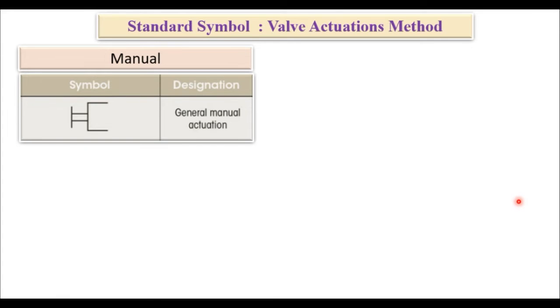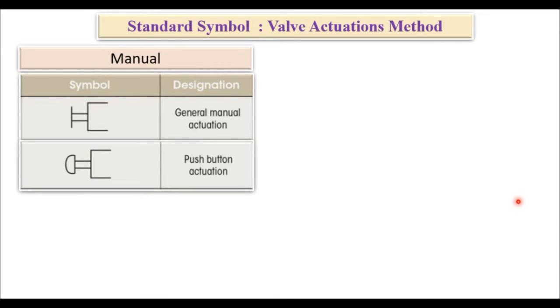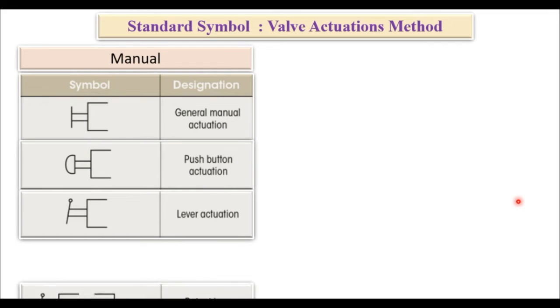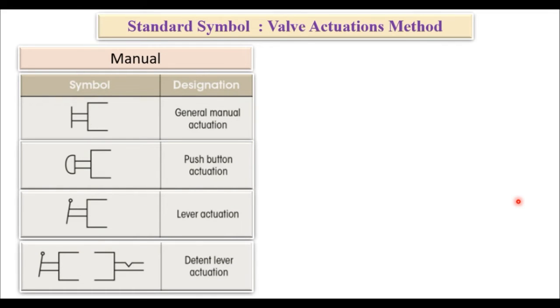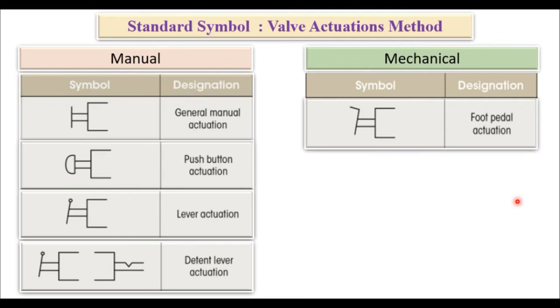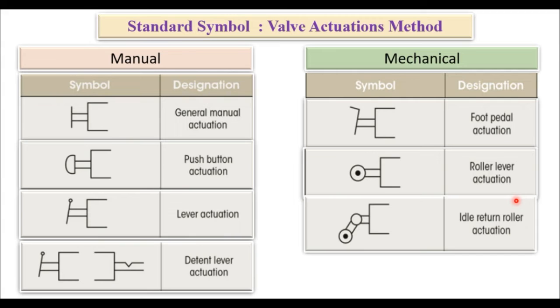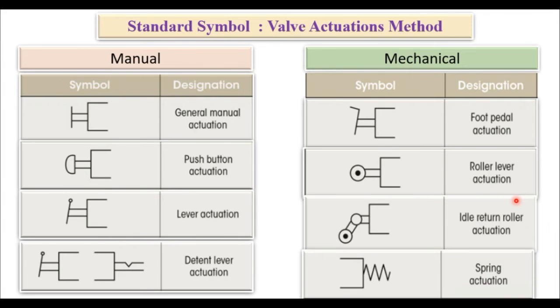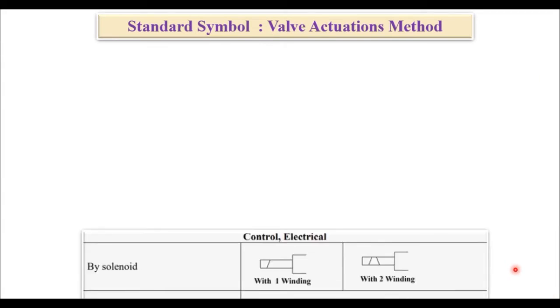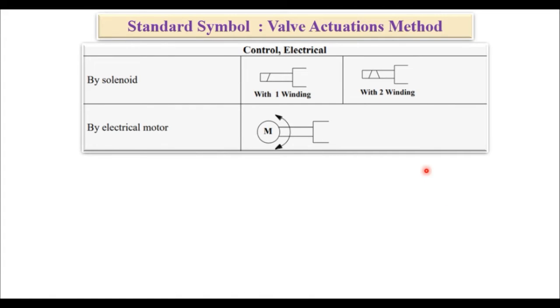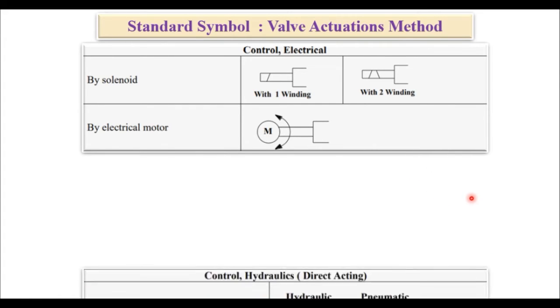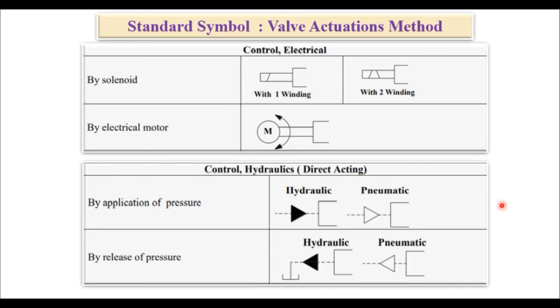Actuation: push button, lever actuation, detent lever actuation, foot pedal actuation, roller actuation, idle return roller actuation, spring actuation, solenoid actuation, by electrical motor, by pilot line, application of hydraulic pressure, application of pneumatic pressure.